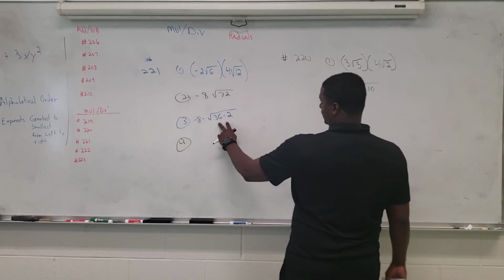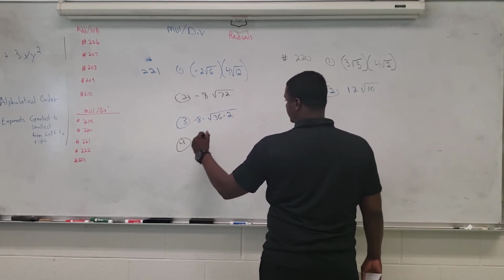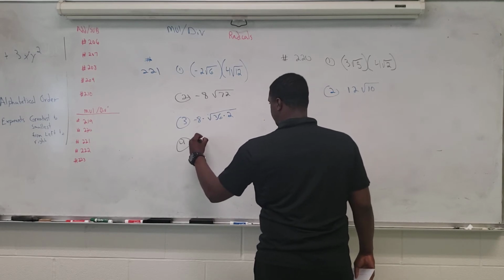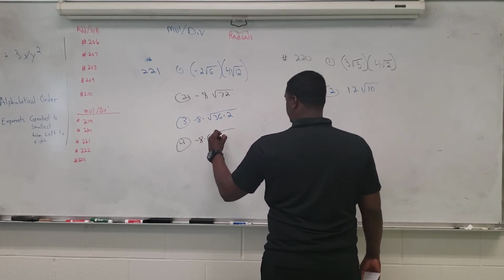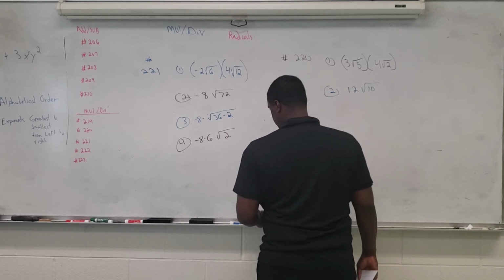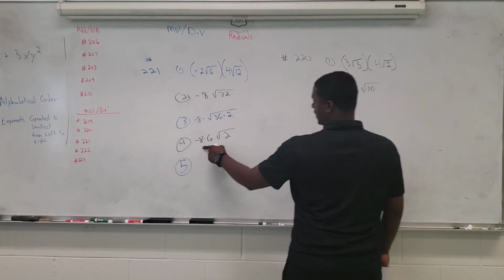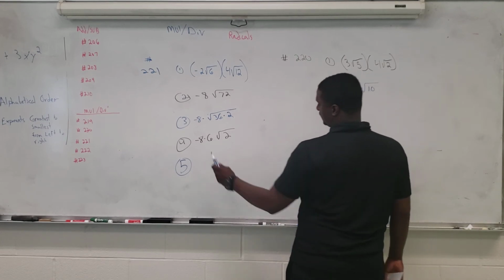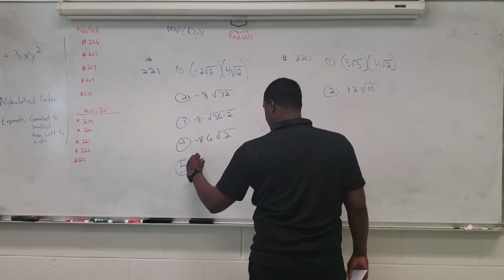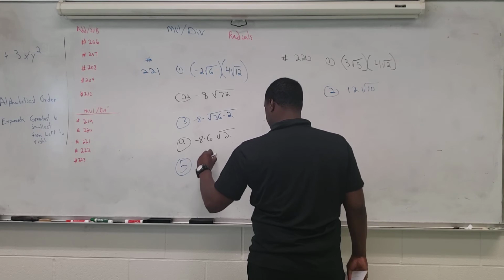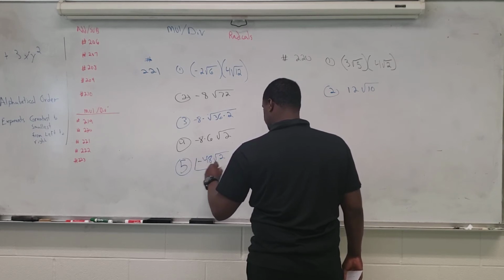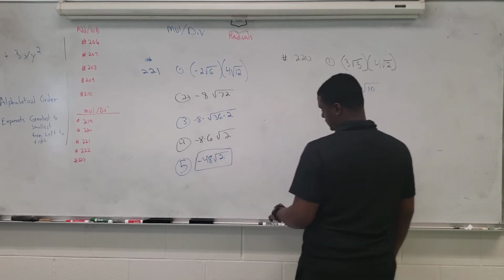So now I know the square root of 36 is 6. So I have negative 8 times 6 times the square root of 2. Final step. I have negative 8 times 6, which is negative 48 times the square root of 2. That's my final answer.